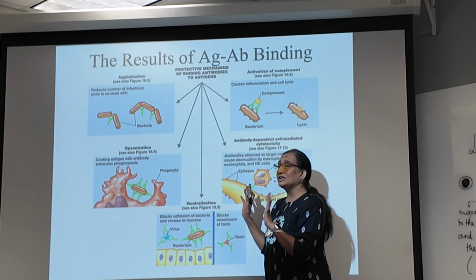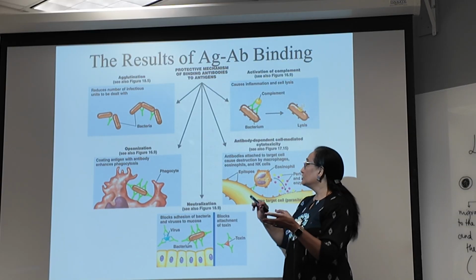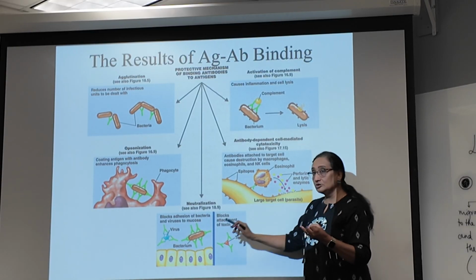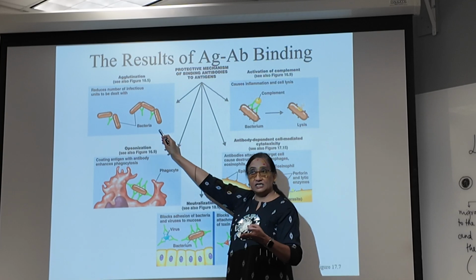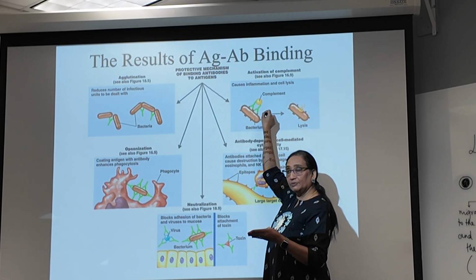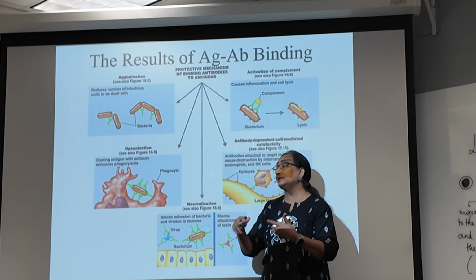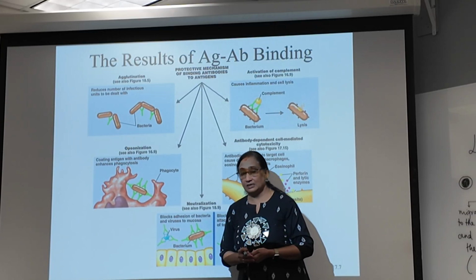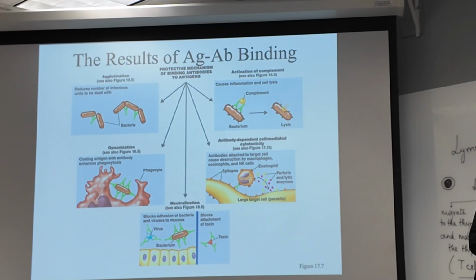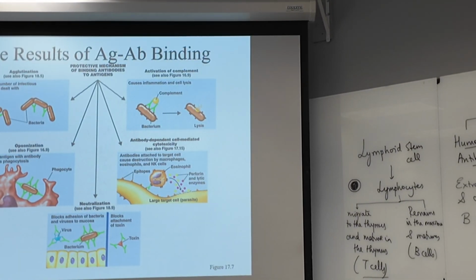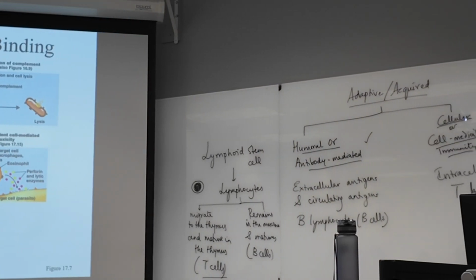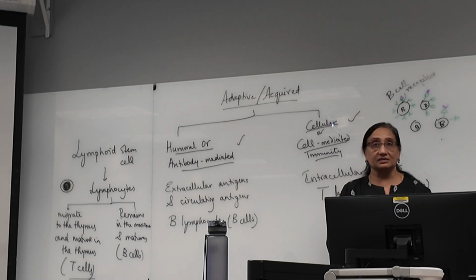So these are the general mechanisms: direct lysis, neutralization, agglutination, working with the complement proteins, or opsonization, sticking to them and enhancing phagocytosis. So this is B cell immunity. Now, when we look at T cells, you will see how these two are connected. B and T cell immunity are both connected.